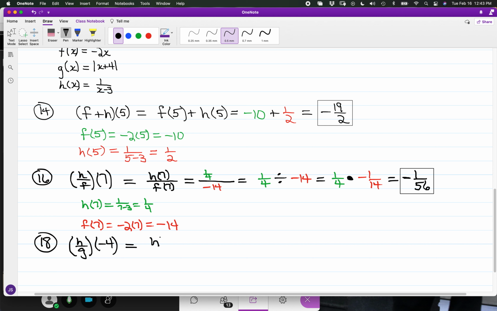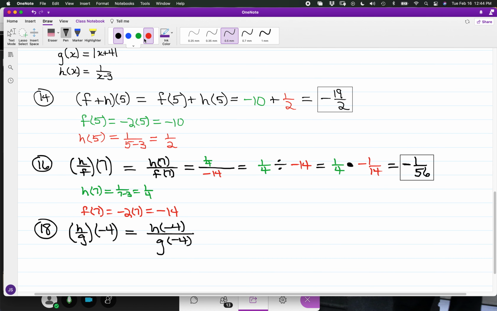So h is at the top, h of negative 4, all over g of negative 4. For h of negative 4, you have 1 over negative 4 minus 3, which is 1 over negative 7, or negative 1/7.